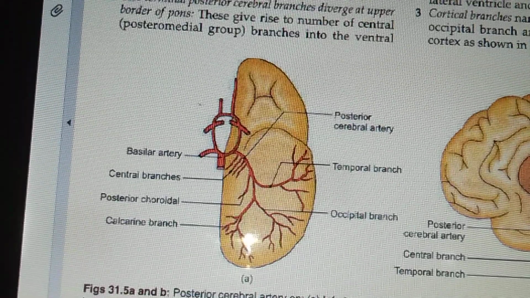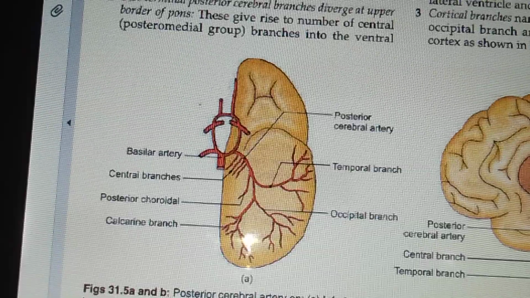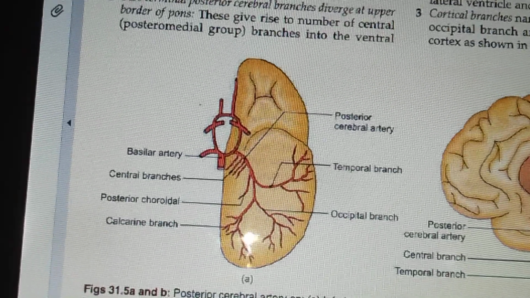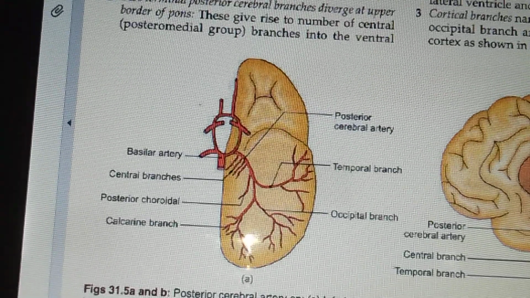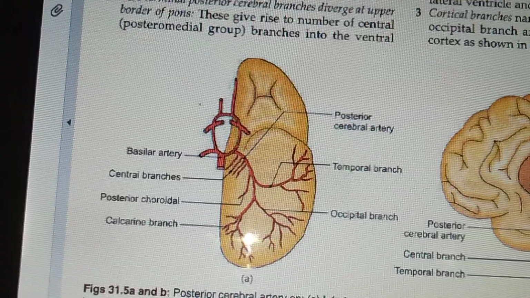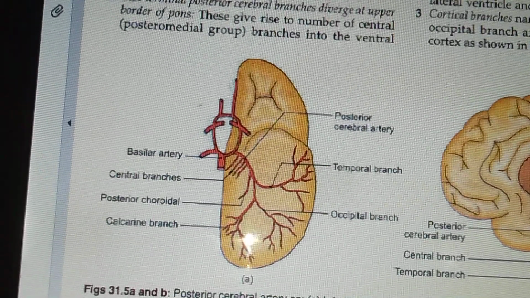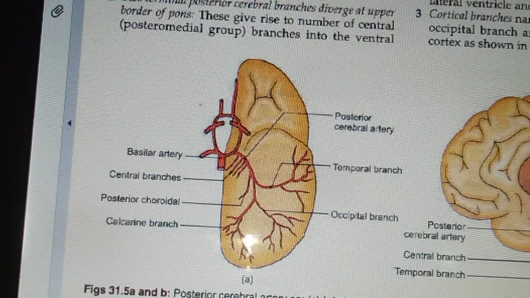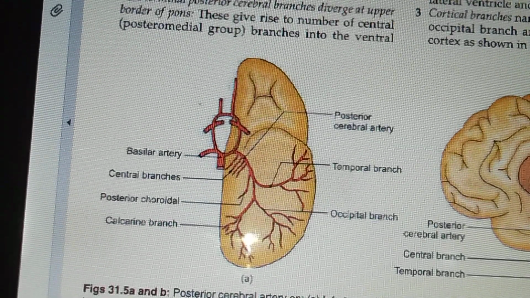This pierces the ventral surface of the base of the brain, thus forming the posterior perforated substance in the interpeduncular fossa. This supplies the midbrain and the caudal part of the diencephalon. So, posterior perforated substance is formed by the branches of the posterior cerebral arteries.